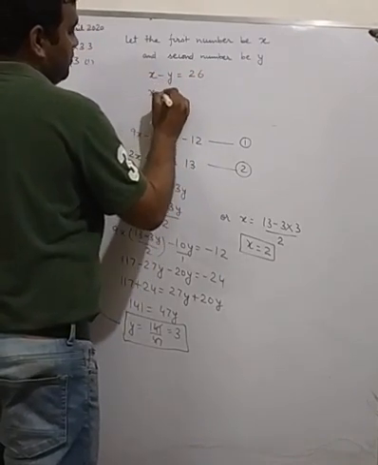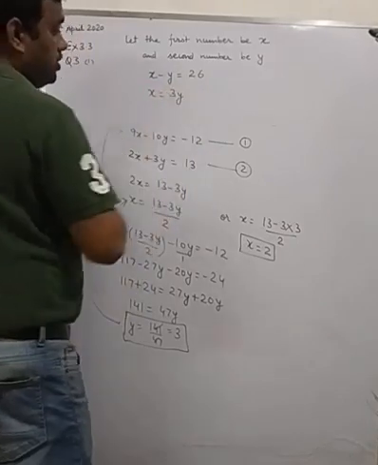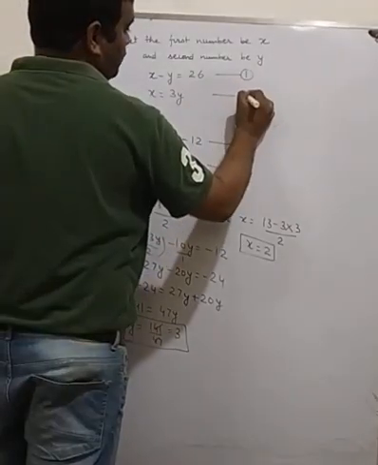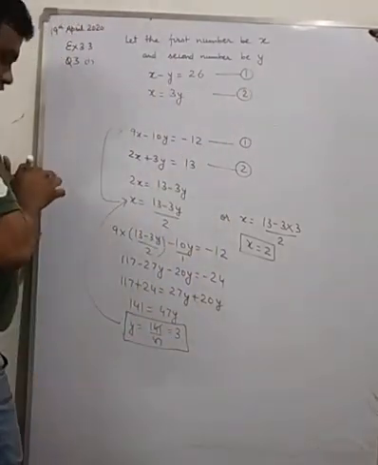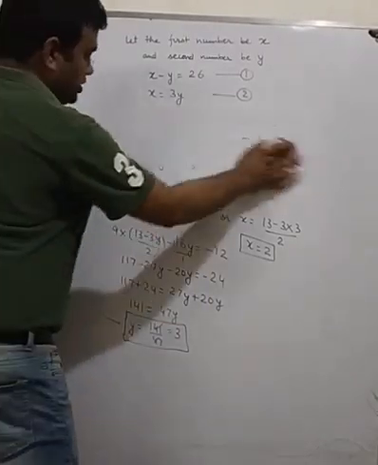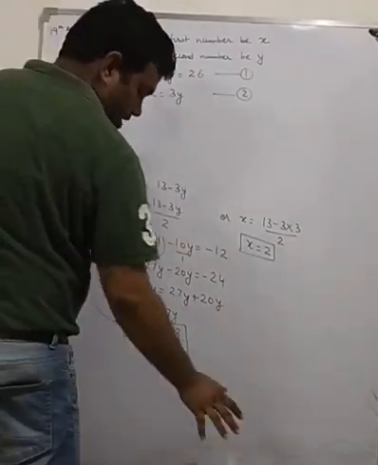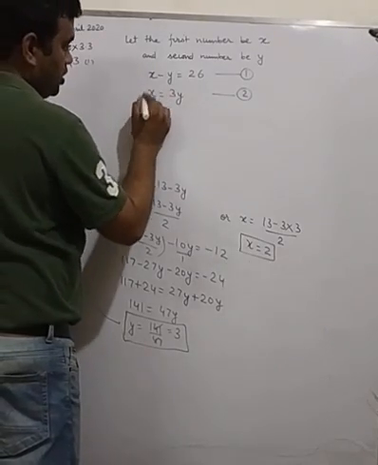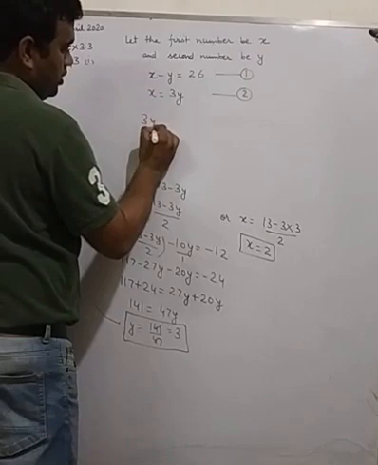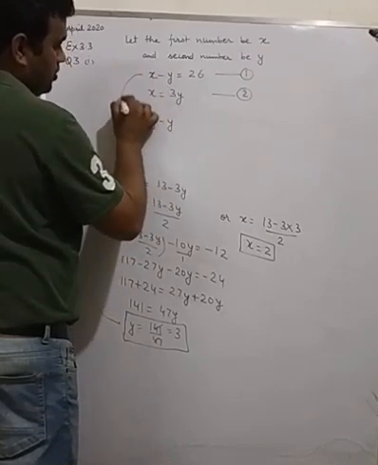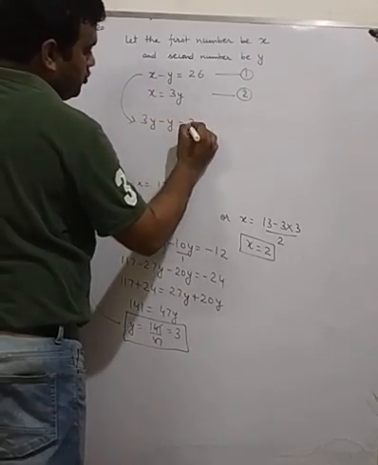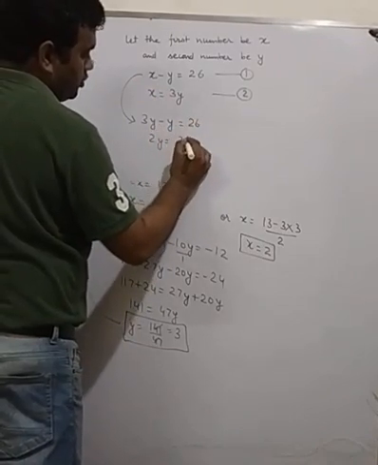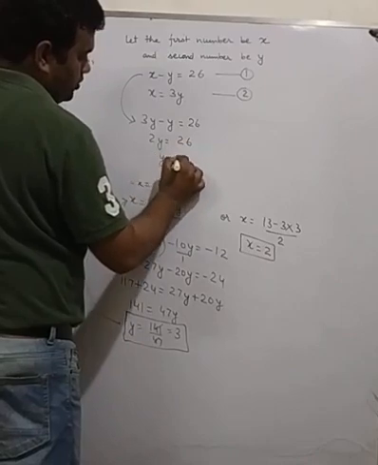Also, one number is 3 times the other. So I am going to put the value of x from equation 2 into equation 1. So this will be now 3y minus y is equal to 26. 2y is equal to 26. So y is 13.